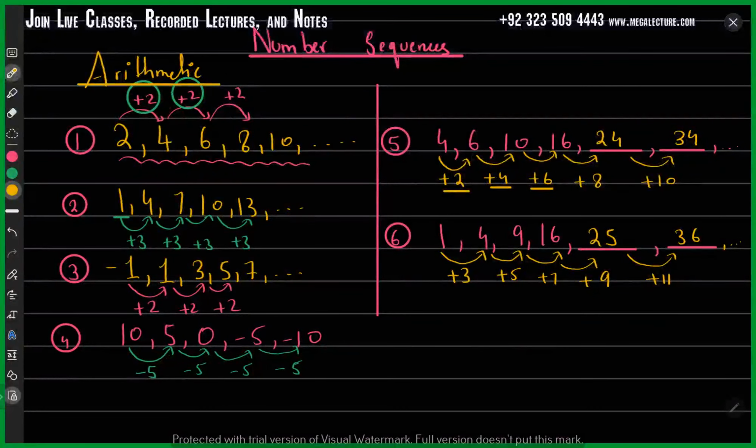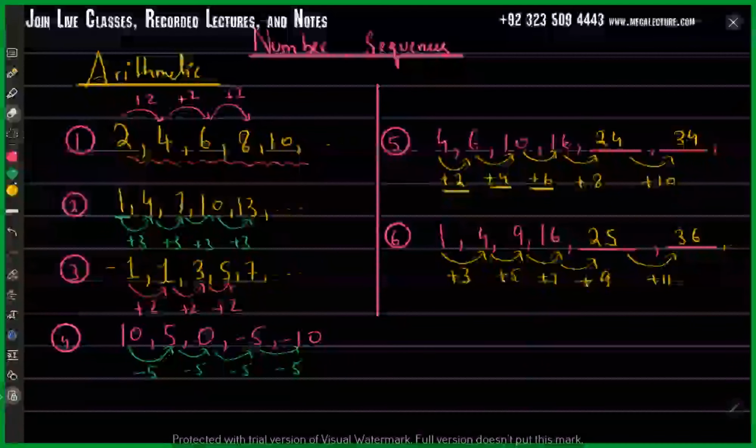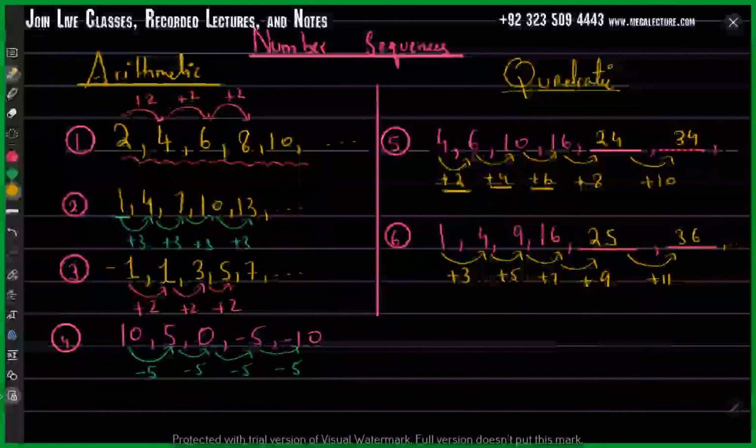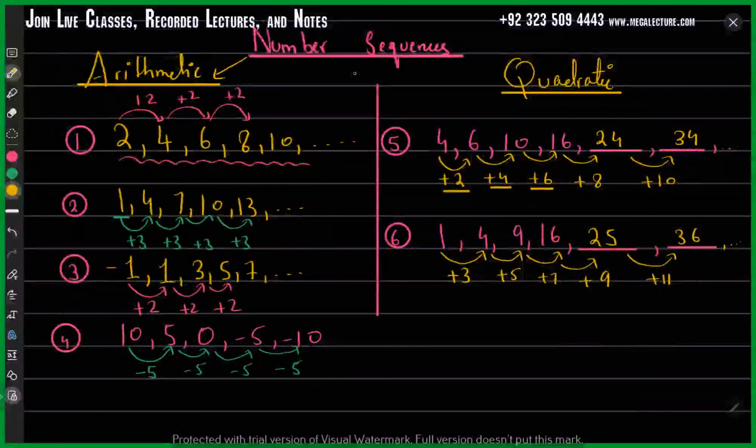I will just erase these. This is the arithmetic sequence, and this one is basically the quadratic sequence. So we have two different types of sequences. This is what we need to consider at this point.